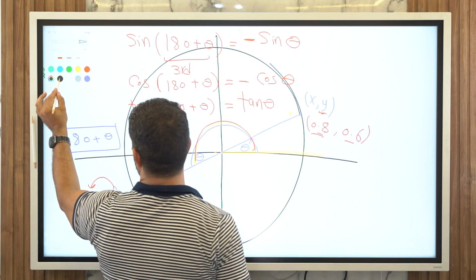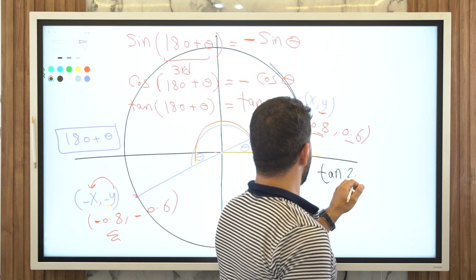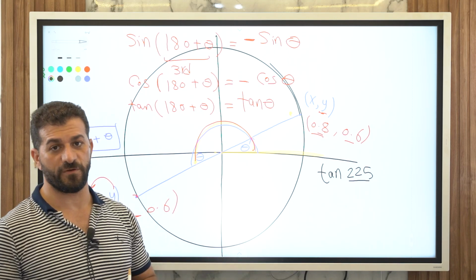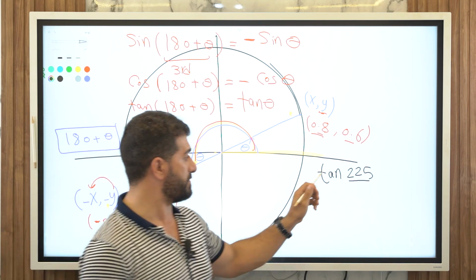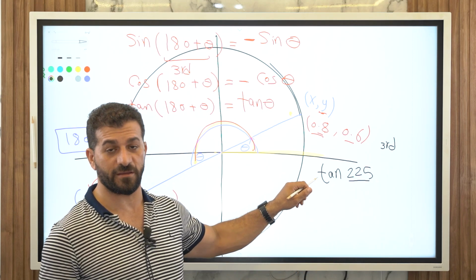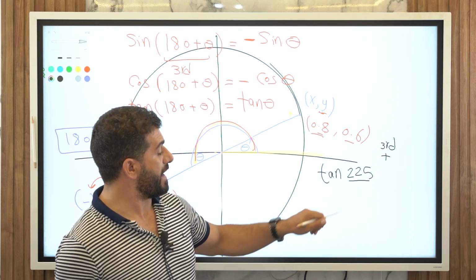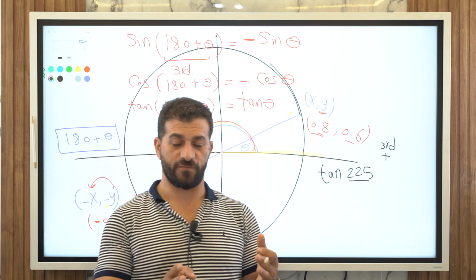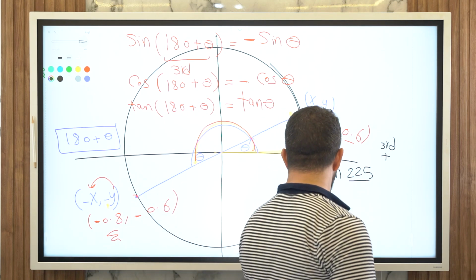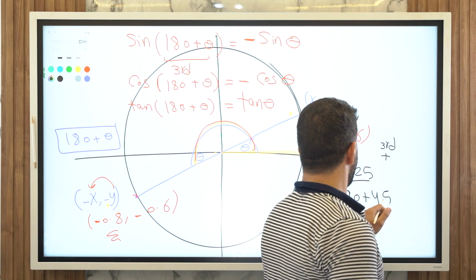Let's take an example. What if I asked you about tan 225? First of all, 225 lies in the third quadrant. So write third quadrant. And the sign of tan in the third quadrant is positive. So write positive. And now, how can we express 225 as 180 plus an angle? We can write it as tan 180 plus 45.